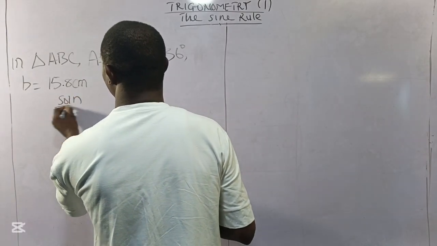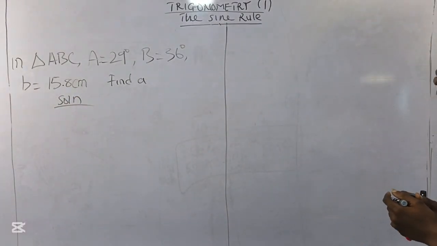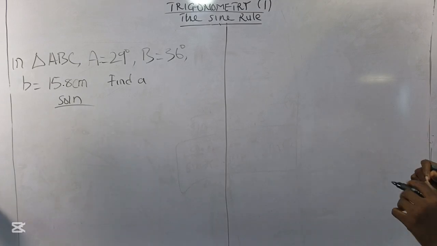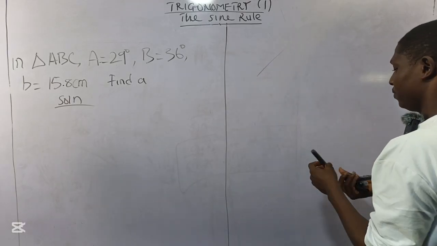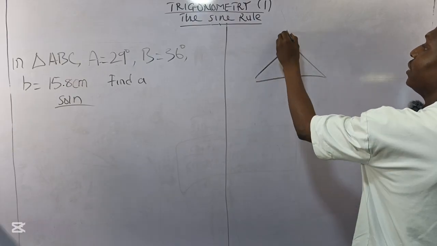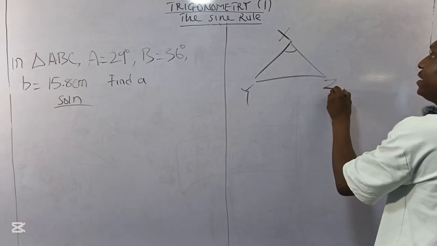Solution. But before I start, I want to give some information on how to solve a triangle using sine rule. The first thing I want to say, let's assume this is a triangle. Let me even use x, y, z. This is x, this is y, and this is z.